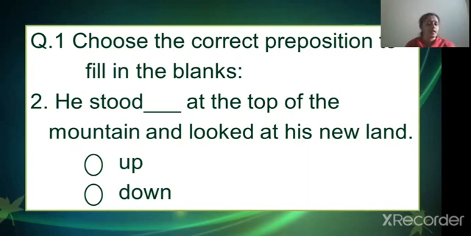So what should be the correct option? He stood up at the top of the mountain, or he stood down at the top of the mountain? Yes, he stood up at the top of the mountain and looked at his new land. So up is the correct answer. Yes, let's move to the next question.